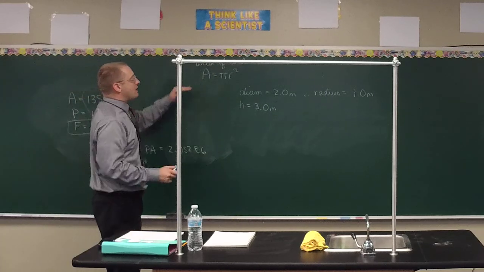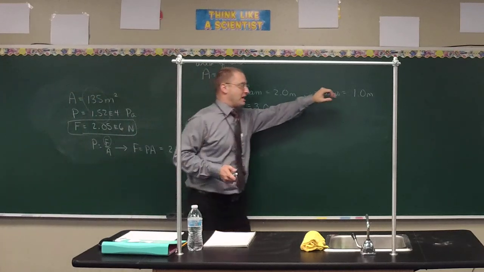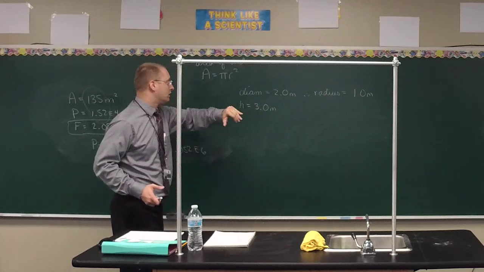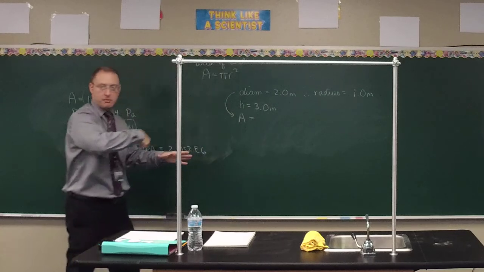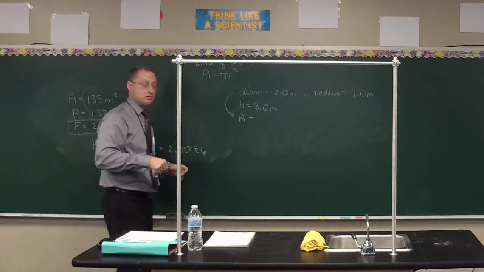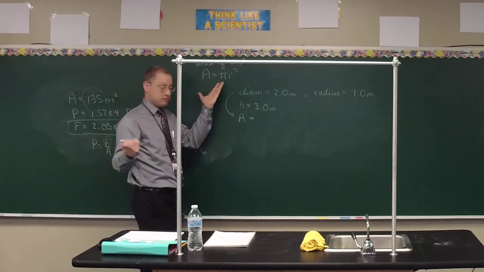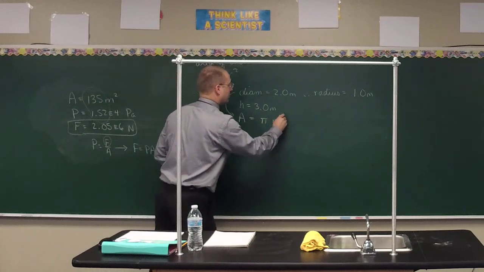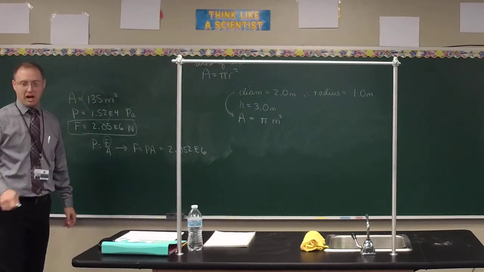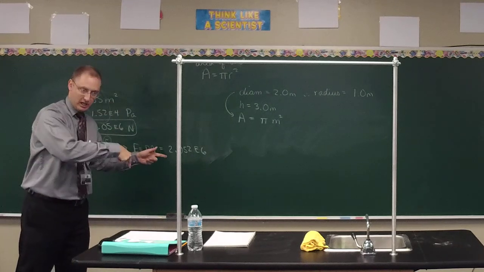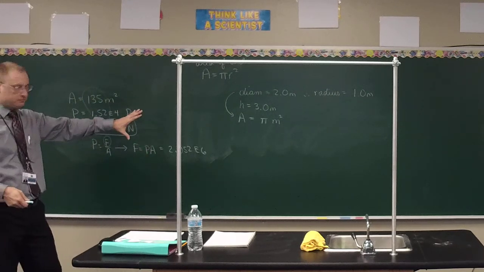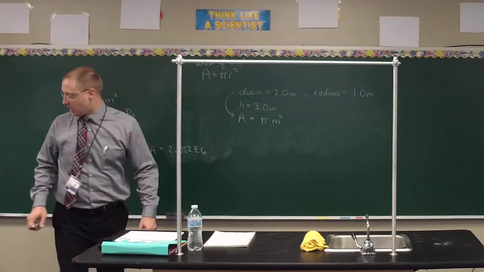All right, so if area is pi r squared and the radius is 1, then what's the area of the bottom of this tank, class? It's pi, right? Pi meters squared is the cross-sectional area of the bottom. So they gave us the diameter, which allows us to get the radius, which allows us to get the area. Make sense?